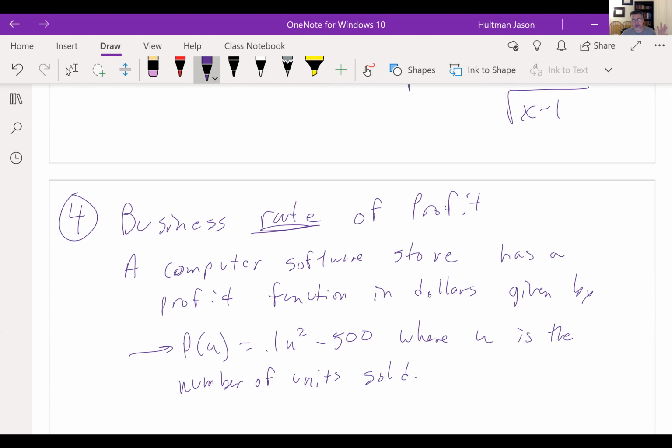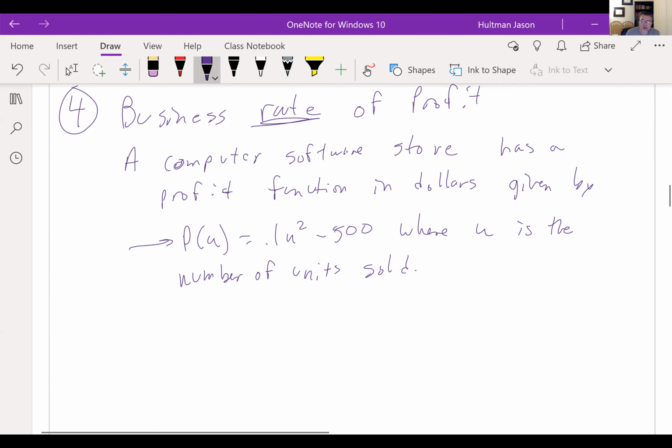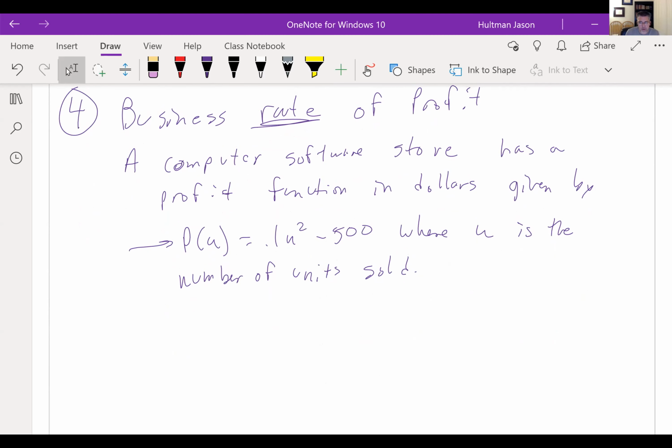Dad jokes for days. Okay, dad jokes for the win. Okay, so PU. Get it? There you go. Exactly. Thank you. Thank you for the pity laugh, Oscar. I appreciate that. Okay, so PU, which is the profit of the units sold, right? Stinky little function.